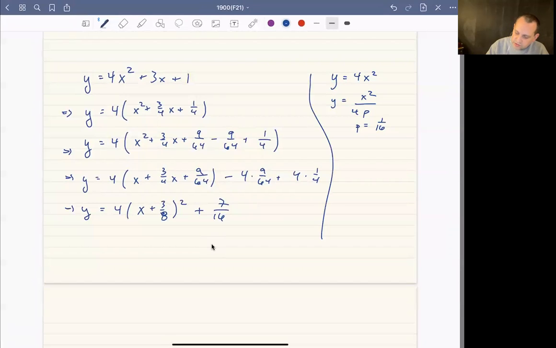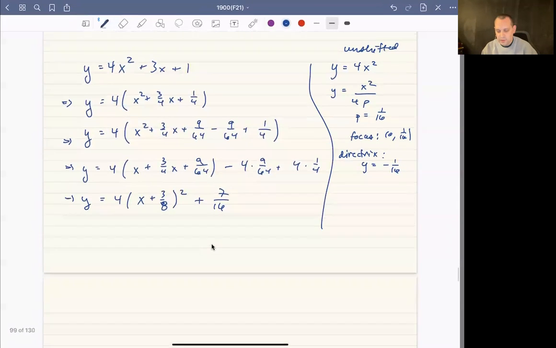And so that tells you that for the unshifted parabola, your focus would be 0, 1/16. Your directrix would be y equals negative 1/16. And then just think about what's going to happen here.